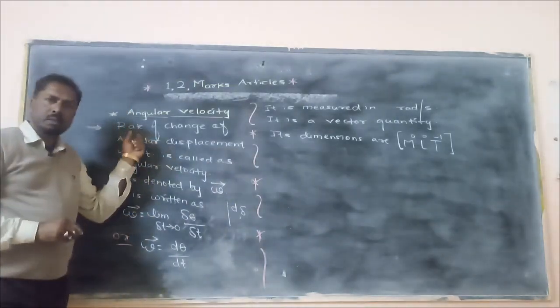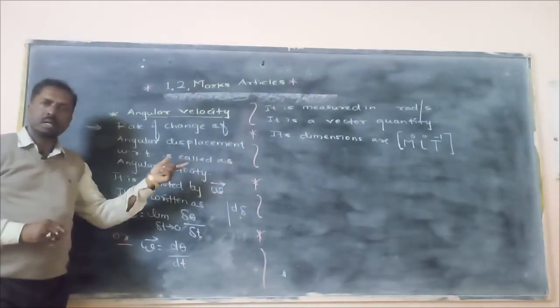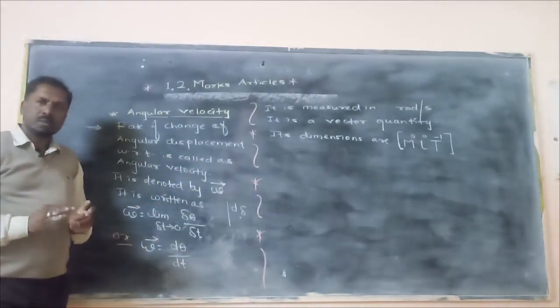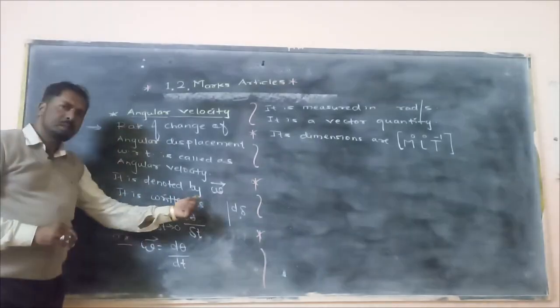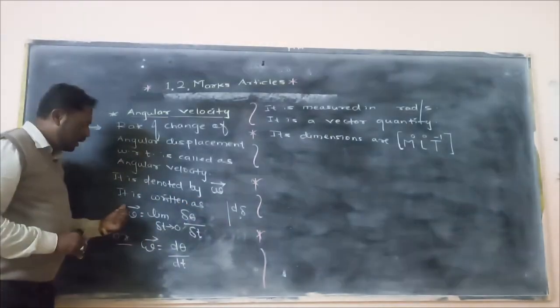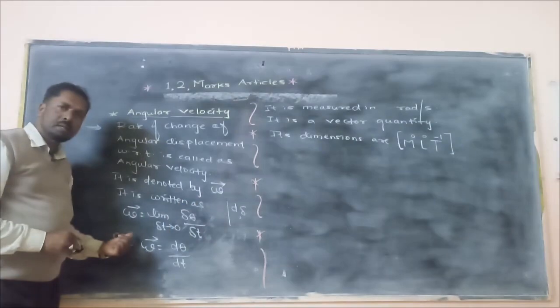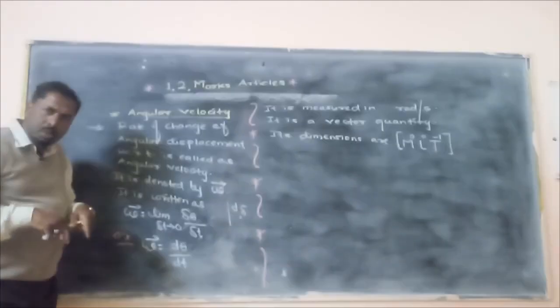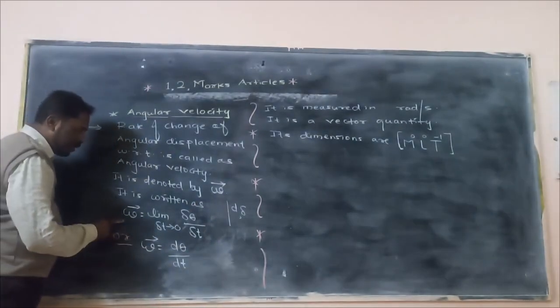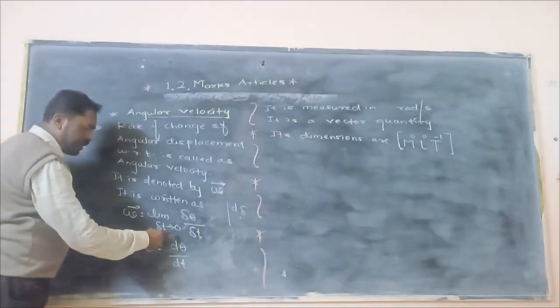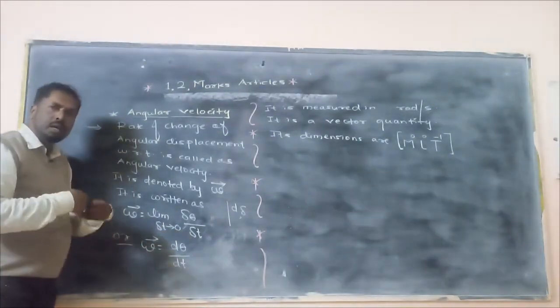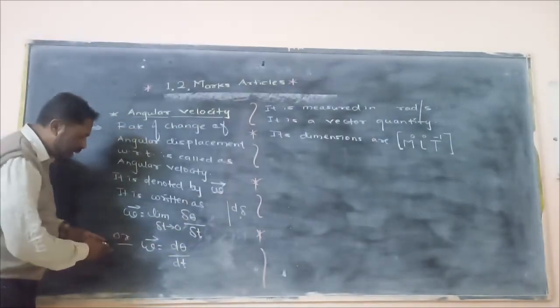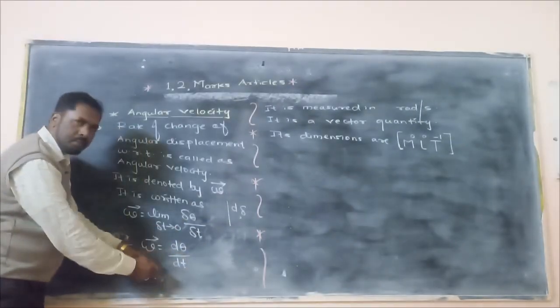What we can say about angular velocity? Angular velocity, the rate of change of angular displacement with respect to time, is called angular velocity. It is denoted by the factor omega. Okay, it is mathematically written as, if we are writing in the form of delta, we can write in this way: omega is equal to limit delta t tends to 0, delta theta by delta t. If we are writing in the form of d, we can write in this way: omega is equal to d theta by dt.